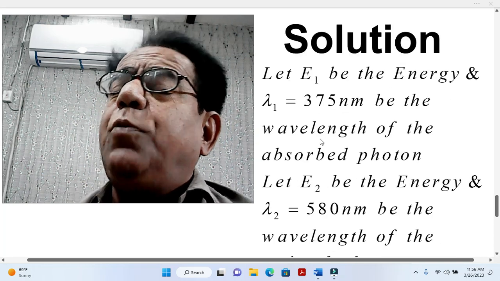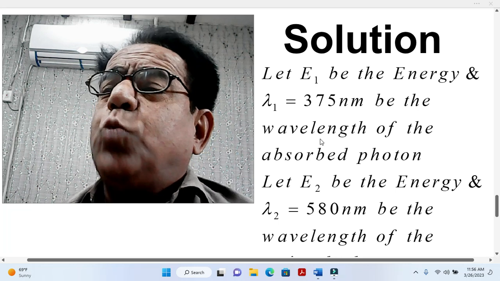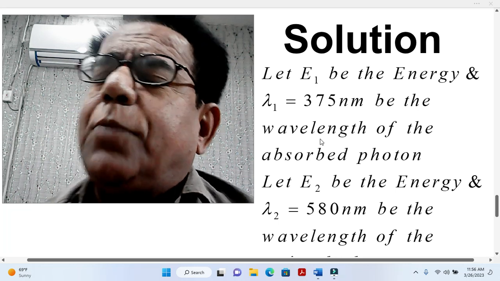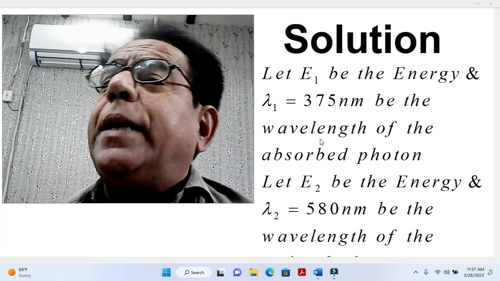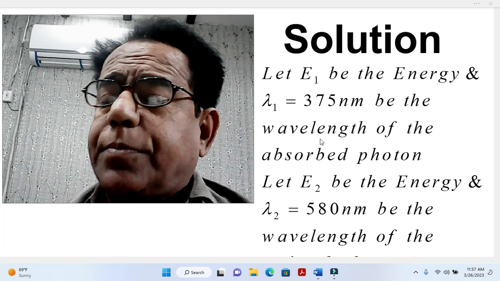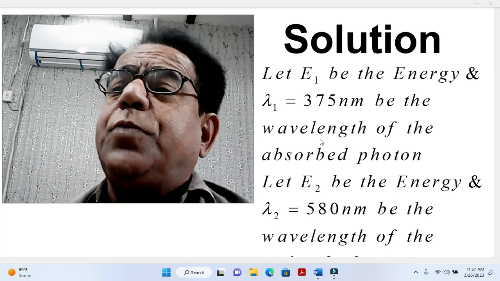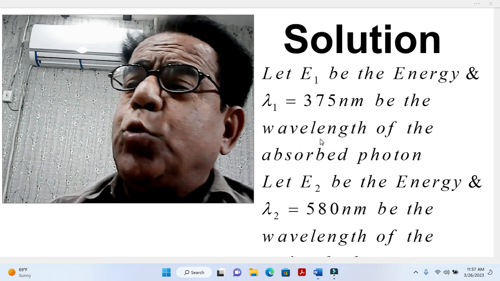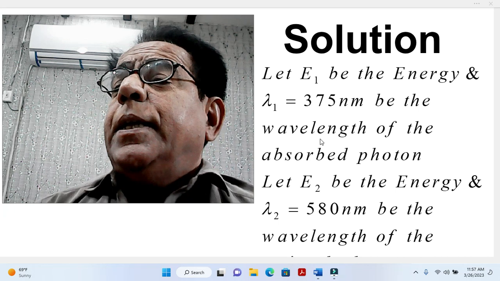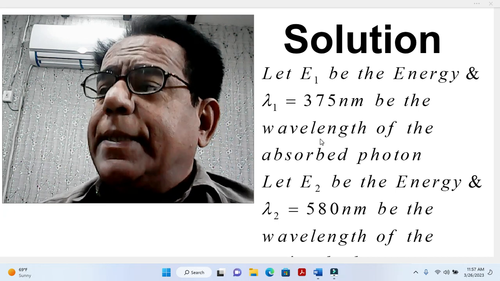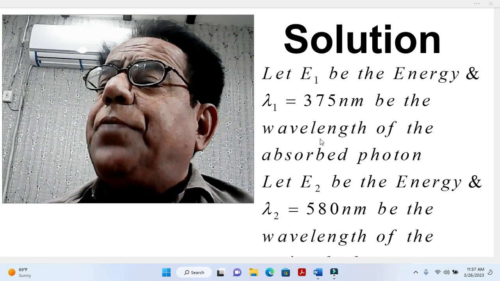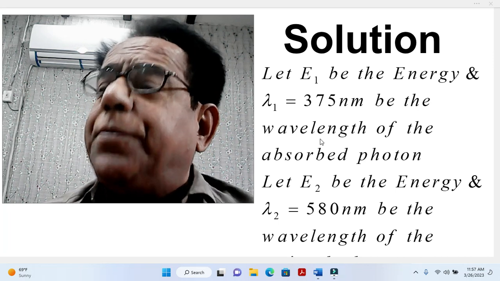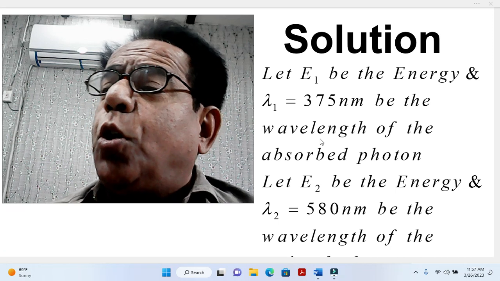Now we come towards its solution, which is quite short, because we have to find out E1, E2 in the presence of lambda 1 and lambda 2, and then we have to take the difference of these two energies, E2 minus E1. Let E1 be the energy and lambda 1 equal to 375 nanometer be the wavelength of the absorbed photon.